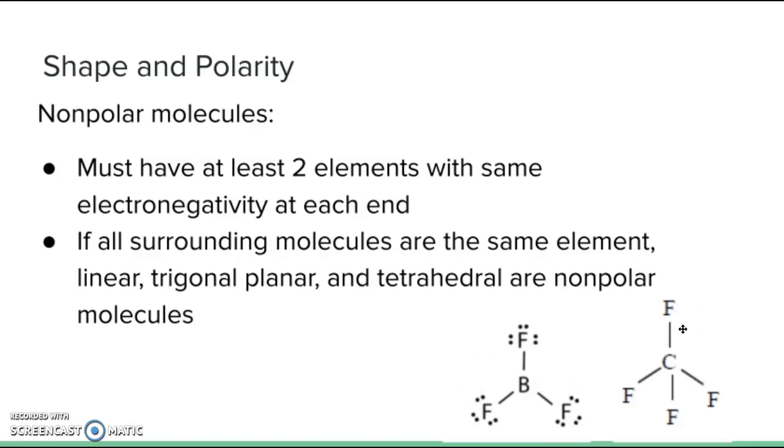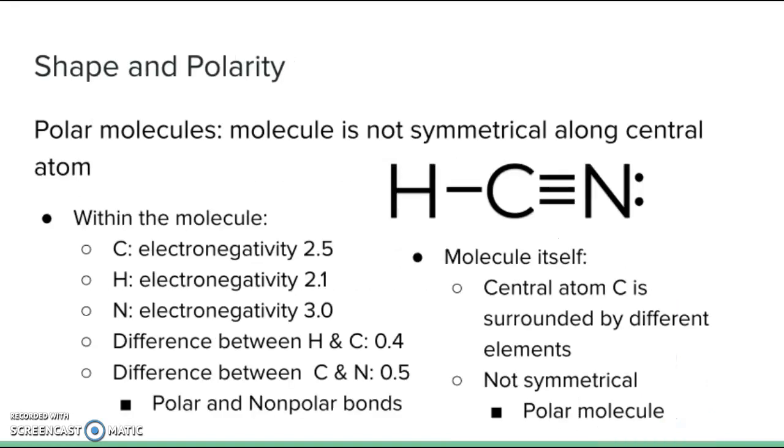Around C here, I have atoms that are all the same. I have F. So I have polar bonds, but anytime I have the same element surrounding my entire central atom, it's going to be nonpolar.